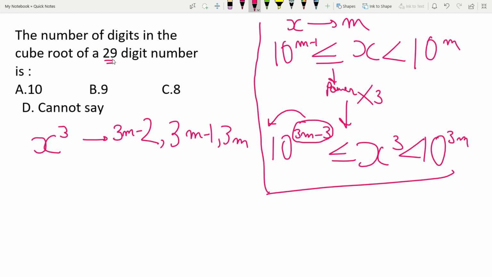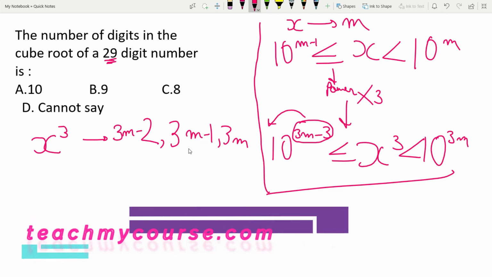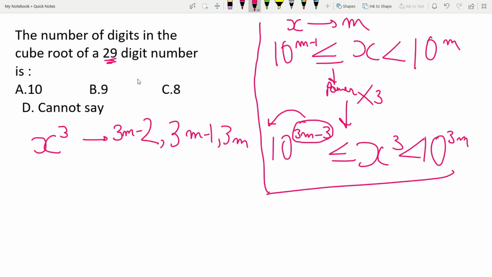Now you need to just straight away adjust this 29 against either of them, like 3m minus 1, which is 1 less than a multiple of 3. So 29 will straight away fit into this 3m minus 1.